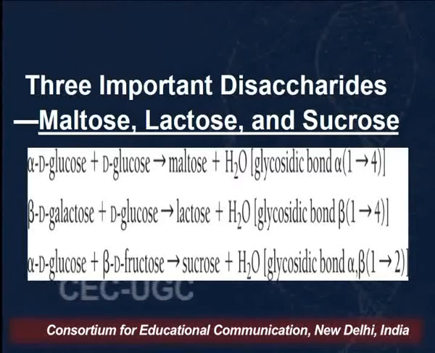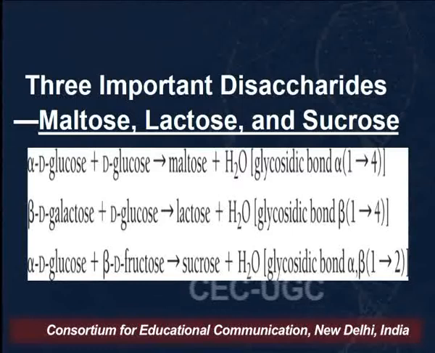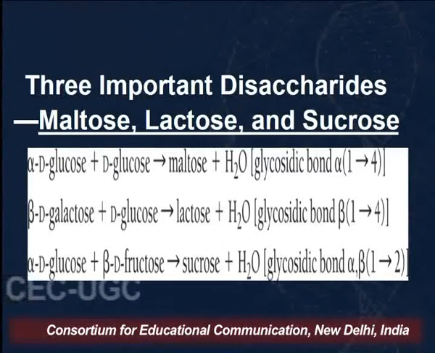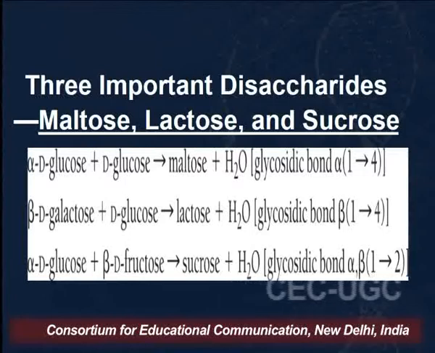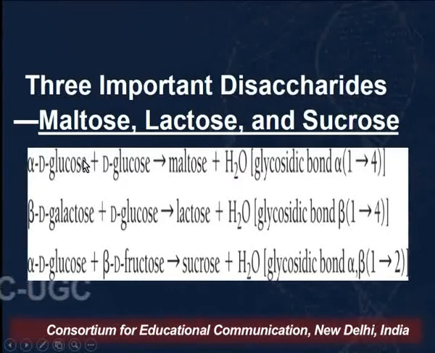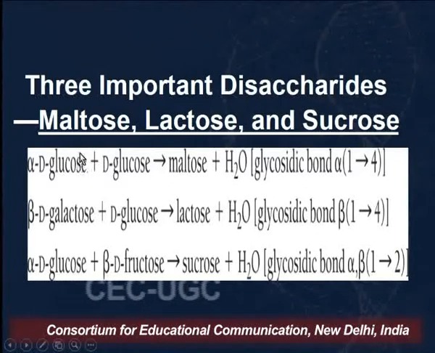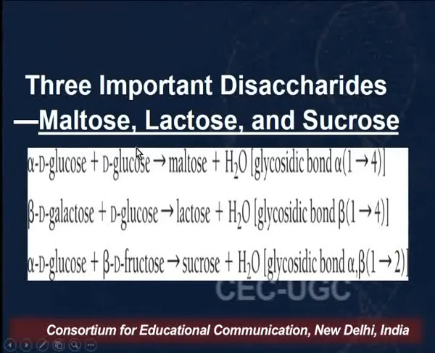So what you have to remember is that maltose is a disaccharide which is made up of alpha D-glucose and D-glucose. That is, both the molecules here are glucose, and the linkage is between the first carbon of the glycon unit and the fourth carbon of the aglycon unit.